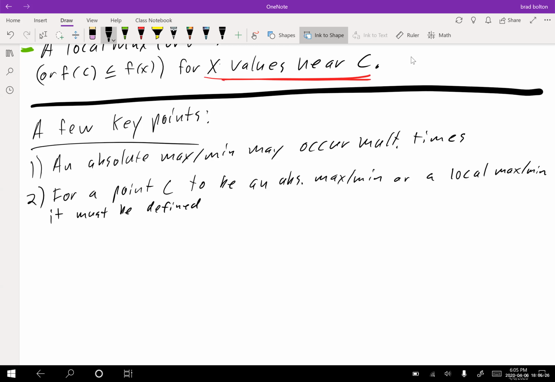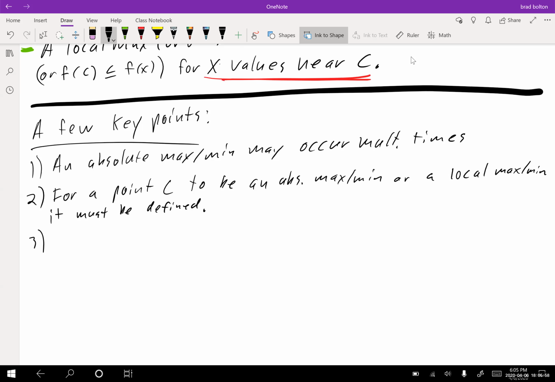Okay, so for a point c to be an absolute max or min or a local max or min, it must be defined, meaning that it has to be part of the graph. When you plug in the value, it must exist. You can't get undefined, okay? So if you're going to talk about c as a local min or a max, that means you're automatically saying that c is defined on the graph. You can't just say, well, it's the smallest value, but it's not defined there. That doesn't work, okay?